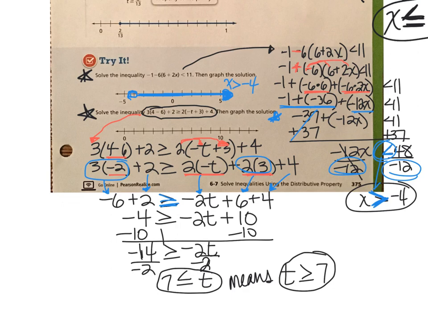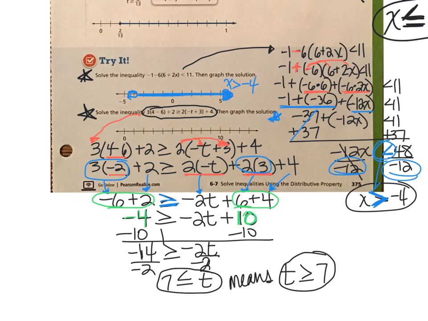I'm not trying to solve for t yet because I need to combine my like terms first. Now as I continue, I'm going to look at the left side. -6 plus 2 is -4. So the left side of my inequality now is just a single number, -4. On the right side of my inequality, I still have some like terms to put together. A +6 and 4 makes 10.